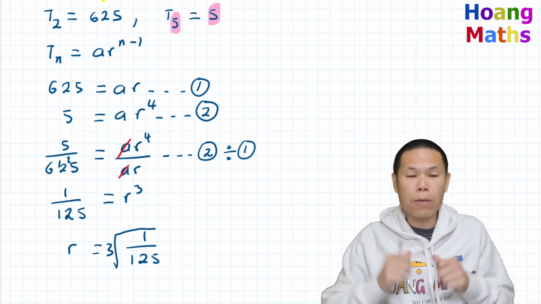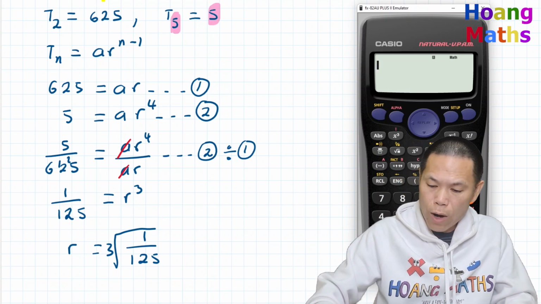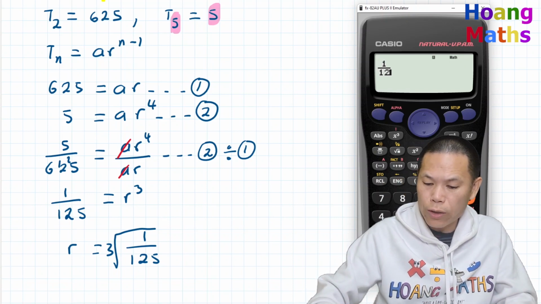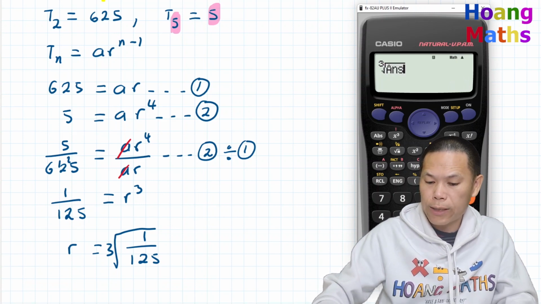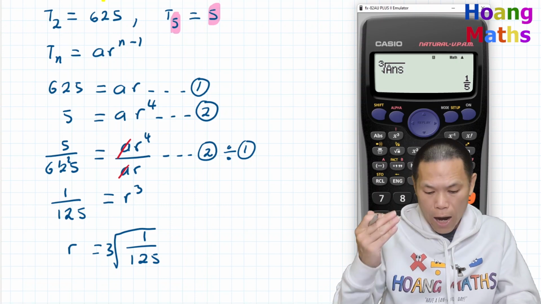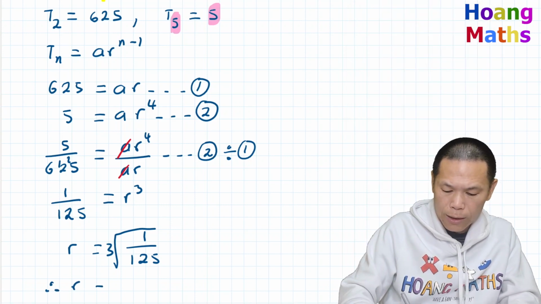So there you go. So let me just put that on a calculator. So I just go 1 over 125 equal and cube root of that. So shift cube root answer. So there you go. So R is equal to 1/5. So therefore, R is 1/5.